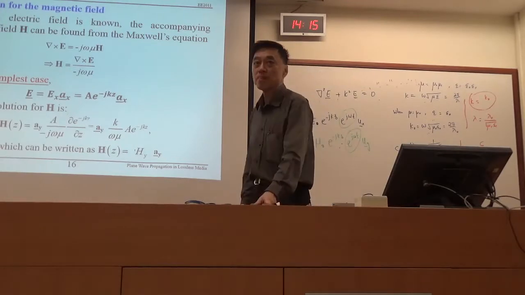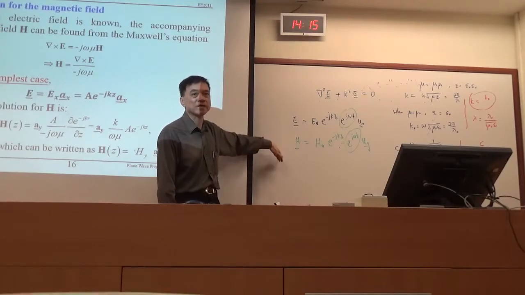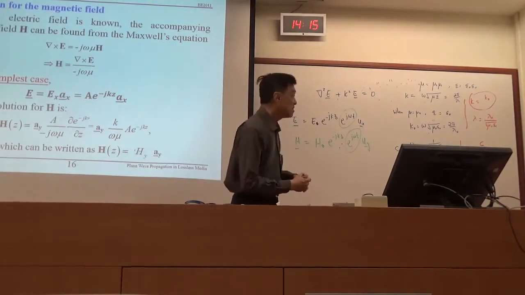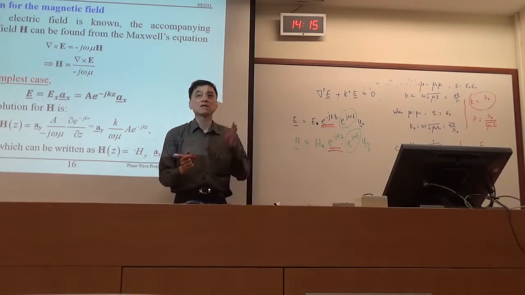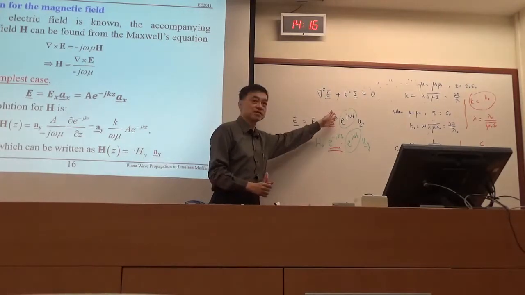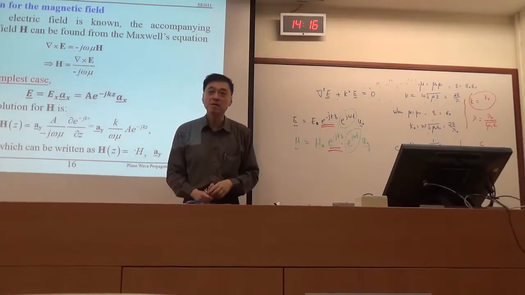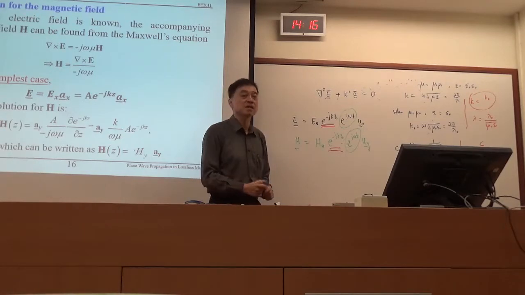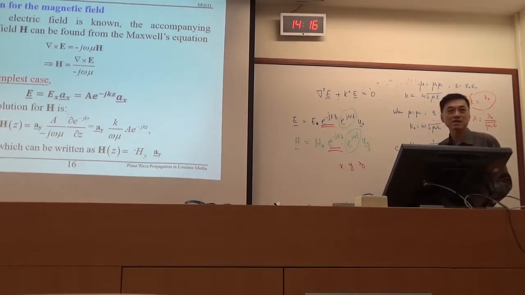Now, you see that they actually have what kind of characteristic? They both have the same propagation term. They are propagating in the same direction, the z direction. They have the same propagation constant. And what is the polarization? The polarization is in terms of my very famous XYZ coordinate again.